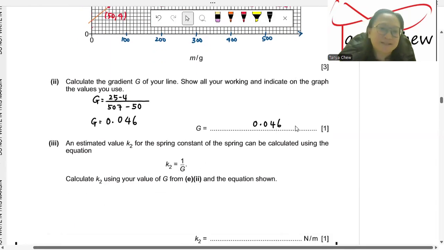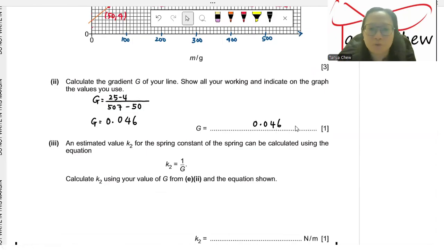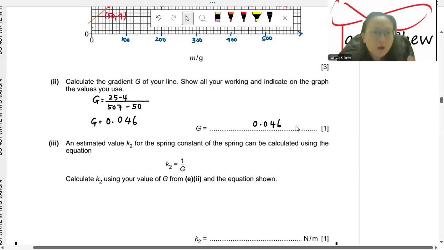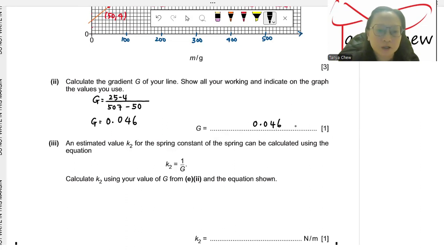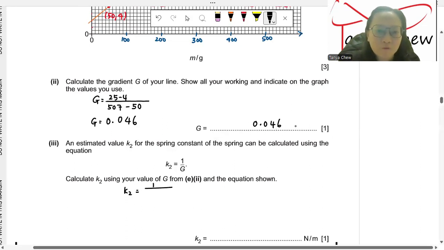Now, the third one: an estimated value K2 for the spring constant of the spring can be calculated using the equation K2 is equal to 1 over G, 1 over gradient. You calculate K2 using your value of G from E part 2 and the equation shown. Now, I'm going to do the calculation. K2 is equal to 1 over 0.046.